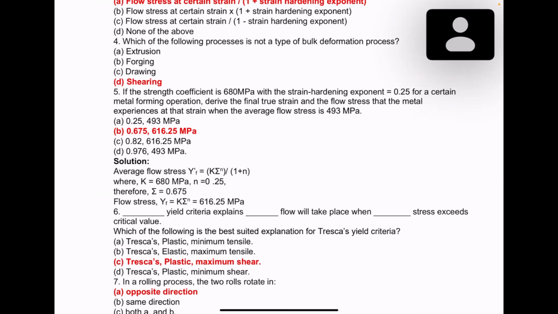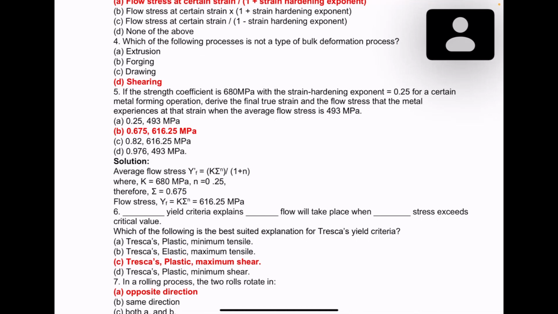So here in this question, the exponent was given as 0.25 to you, and the strength coefficient was 680 megapascals. Okay, so the average flow stress was also given as 490. So you just have to plug in those values in the particular equation of average flow stress, and you can easily find out the flow stress that is asked in the question.